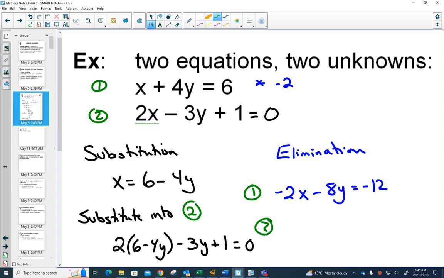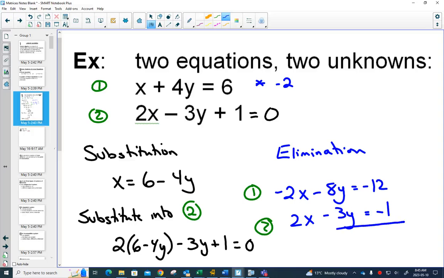And equation 2 is still 2x minus 3y. In the elimination technique, another thing you'll do is make sure all your values line up in columns. So my x column first, my y column, and I moved the 1 over so my constants were in the same column as well.